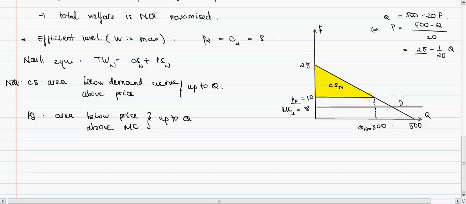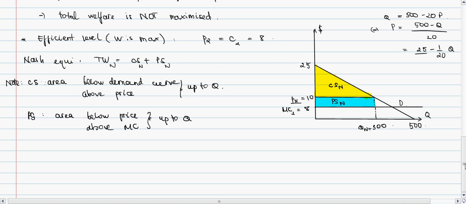So producer surplus, I will highlight in blue. It's going to be the rectangle below the triangle for the consumer surplus. It's going to be the area here. Okay, that's good. All right, and this is the producer surplus in the Nash equilibrium case.